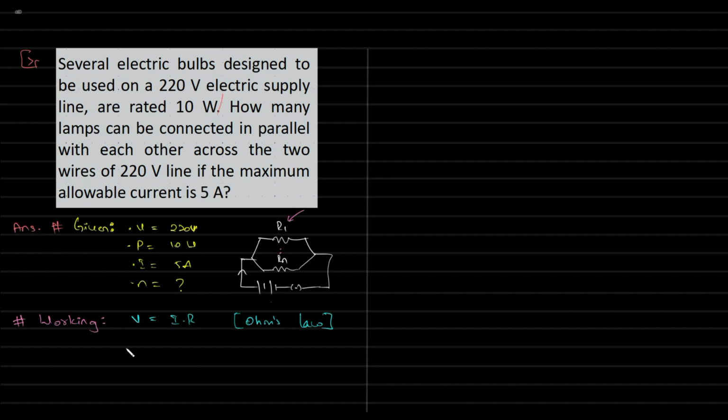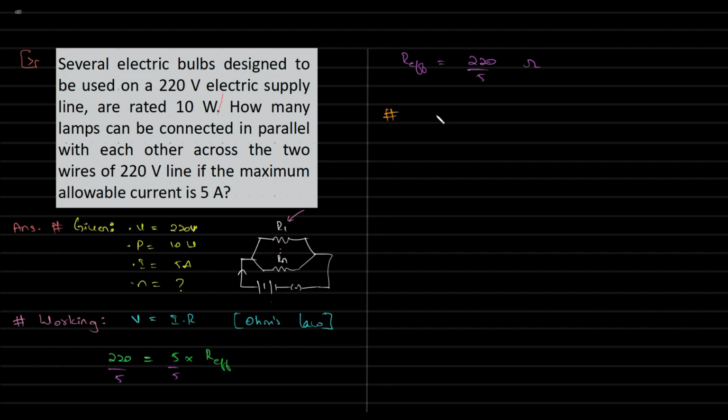So we have V that is 220, I is 5, and R is R effective. In place of this, if I have a single resistance, what is that resistance? Dividing by 5, R effective is equal to 220 by 5 ohm. So we have the effective resistance. Now find the individual resistance and relate them.